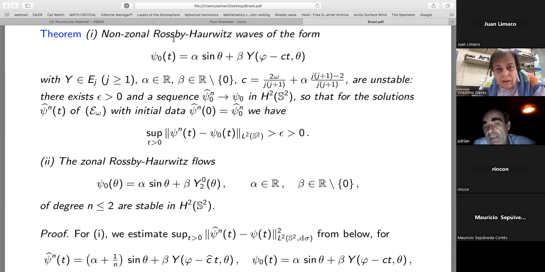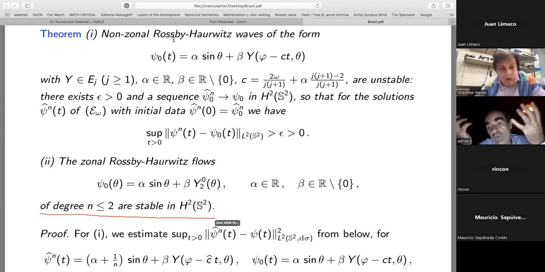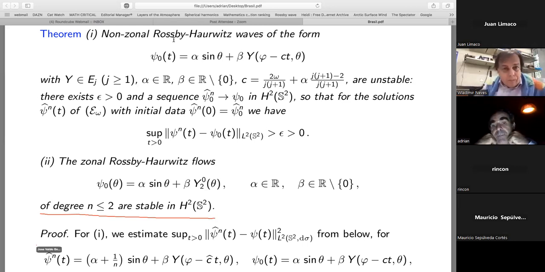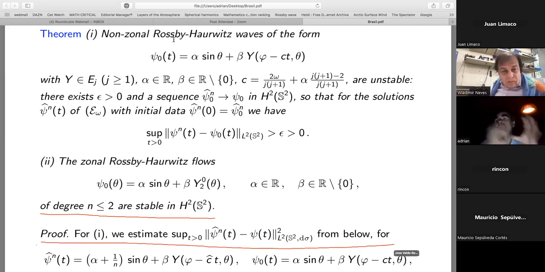The stability here is stability in the strong sense, so Lyapunov: starts small, remains small. There is also the possibility of orbital stability. Orbital stability means that the form remains, but they move around.